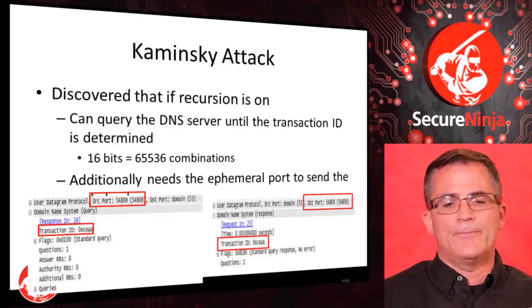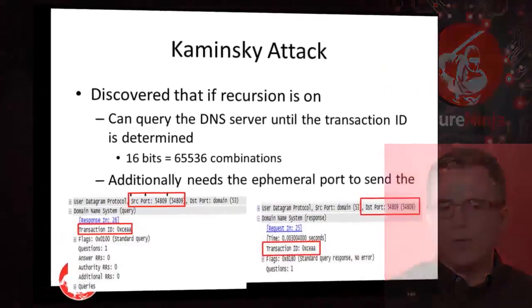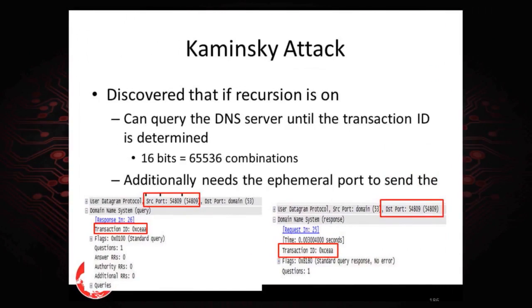Here's the Kaminsky attack. He discovered that if recursion's on, we can query the DNS server until the transaction ID is determined. It's typically 16 bits, is 65,536 combinations. So we also need the ephemeral port or the transient port that is being used for the query. Okay?